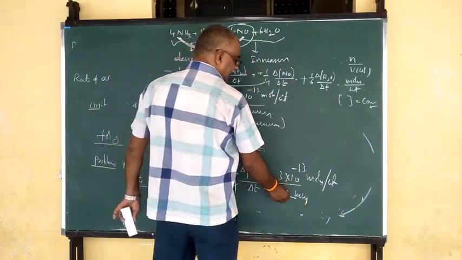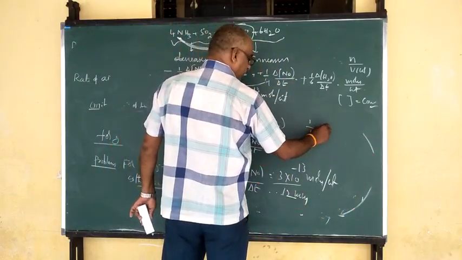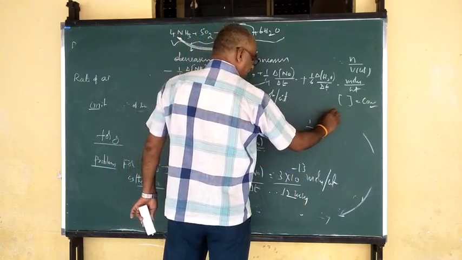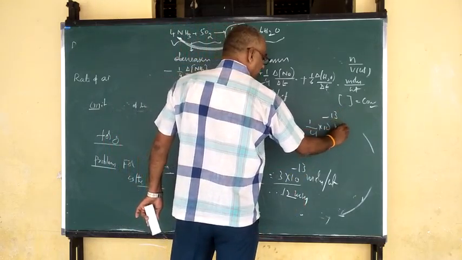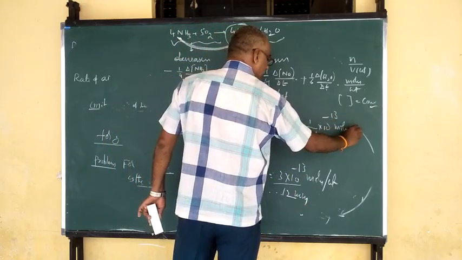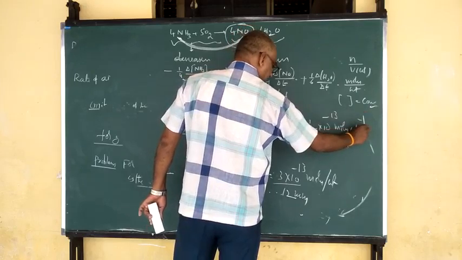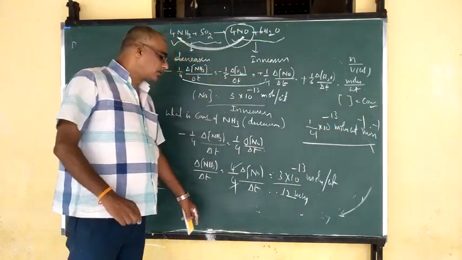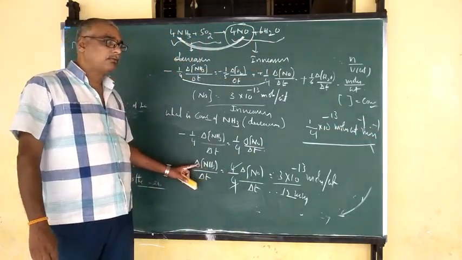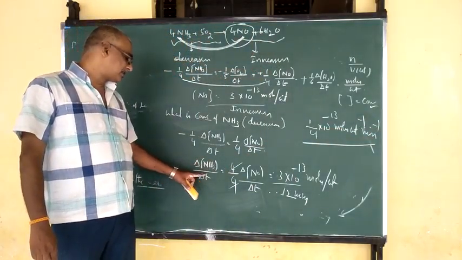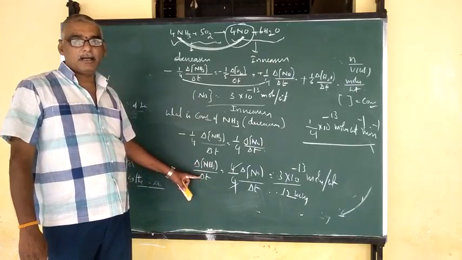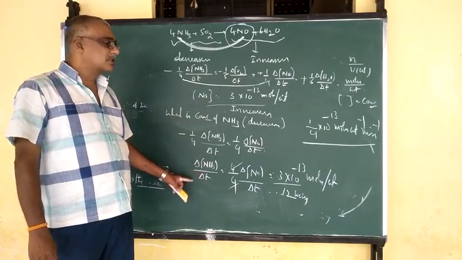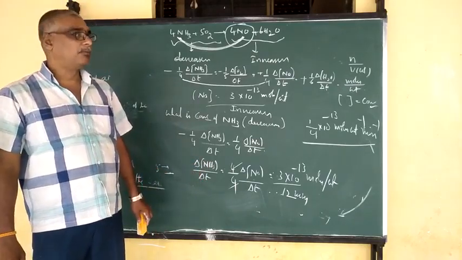Therefore 1 by 4 into 10 power minus 3. What is the unit? Moles liter inverse minute inverse. This is the delta of NH3 divided by delta T. So based on this one, we have to do the problem.